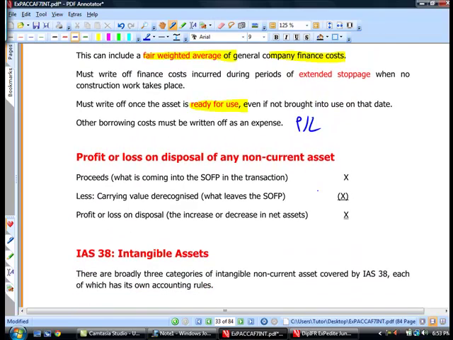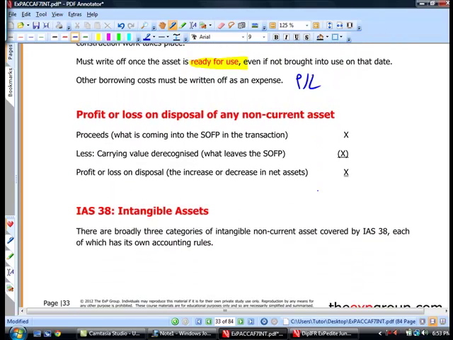Profit and loss on disposal of any non-current asset. Remember one thing, every time a company is selling something, a non-current asset or an inventory, they are bound to make a gain or a loss. The gain or loss will always be computed between the net proceeds which I'm receiving less the carrying value of the asset which I'm derecognizing.